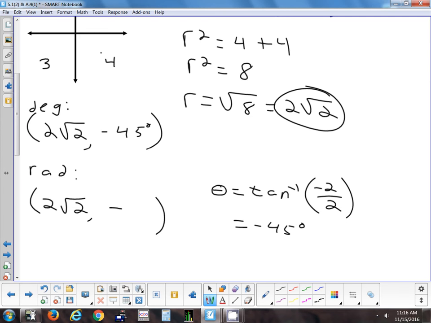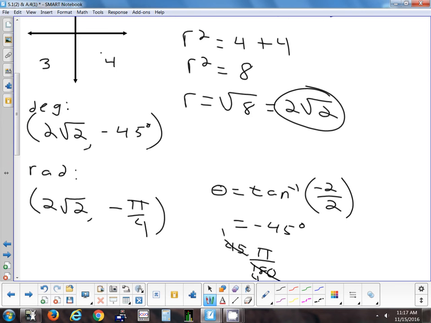How do you convert degrees to radians, if you didn't have memorized what 45 degrees is? Yep. So 45 will go into itself once, and it'll go into 180 4 times.